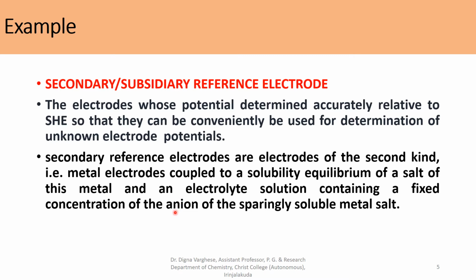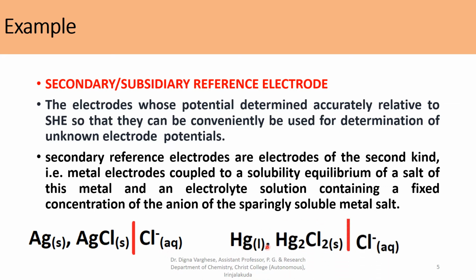Examples of the secondary electrode are the silver chloride electrode, that is silver, silver chloride, chloride 1 molar solution, and the other one is the calomel electrode, whose cell representation is mercury liquid, mercurous chloride, and chloride in aqueous solution. The silver chloride electrode has a standard electrode potential of about 0.2224 volt, and for the calomel electrode, according to the concentration of the potassium chloride, its value is different, and it is about the 0.2 to 0.3 volt range.